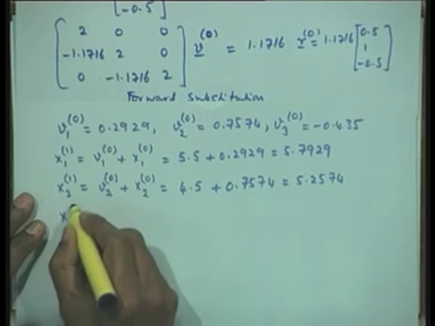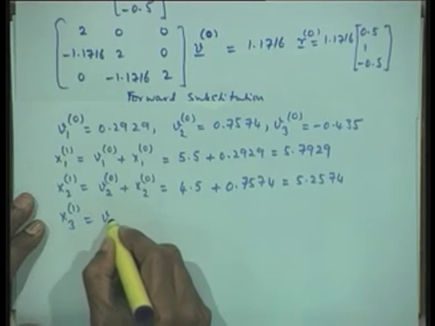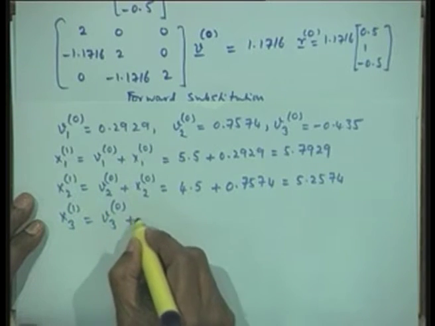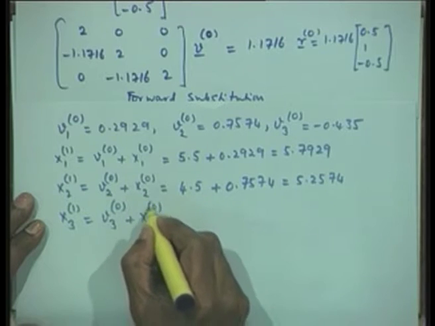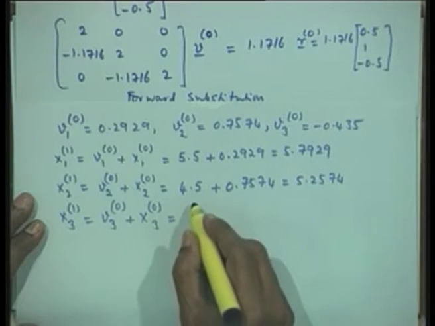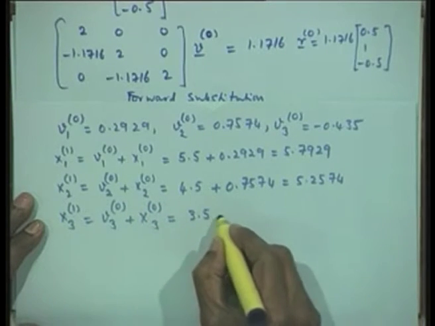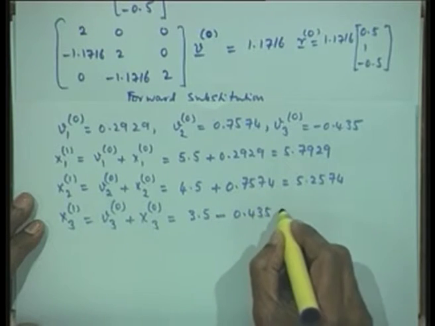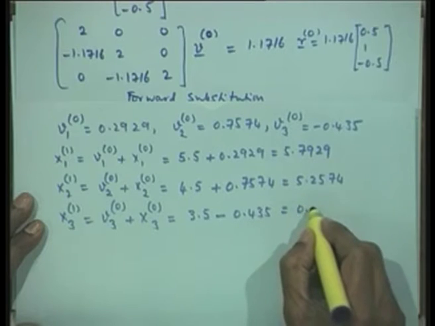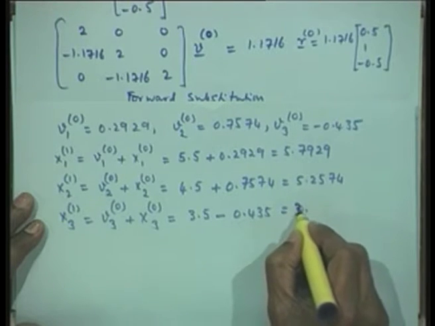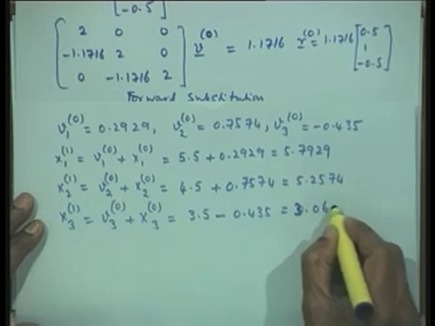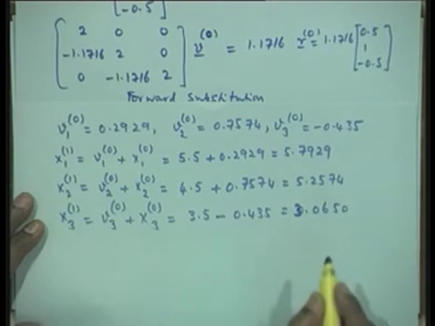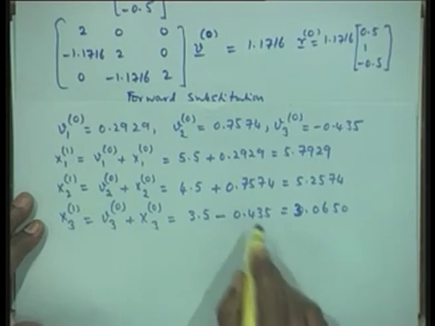And the third component is x3 1 is V3 0 plus x3 0, and this value was given as 3.5 minus 0.435, that is 3.065.